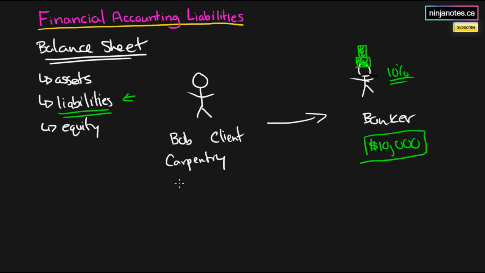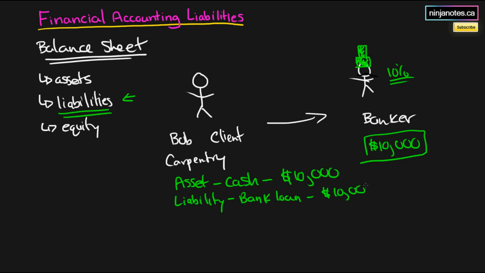So what Bob receives is an asset, which is known as cash, for $10,000, and he takes on a liability of a bank loan for the equal amount, because that is the amount that he owes and he is obligated to pay back in the future.